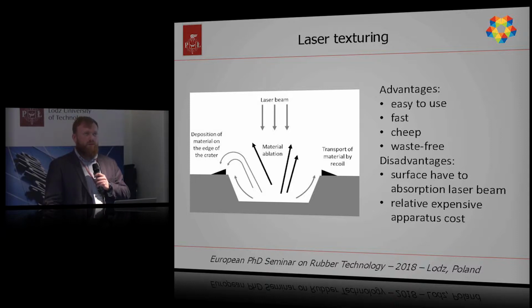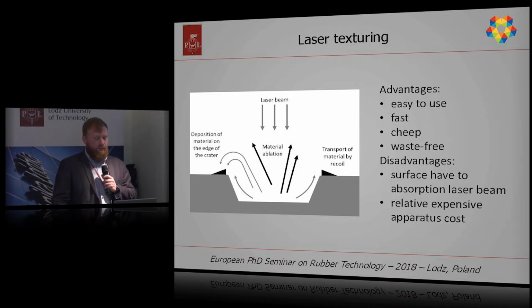What phenomena occur in the laser beam, and what happens when the laser beam lays on the rubber surface? There are three phenomena. One is removing material by laser ablation.